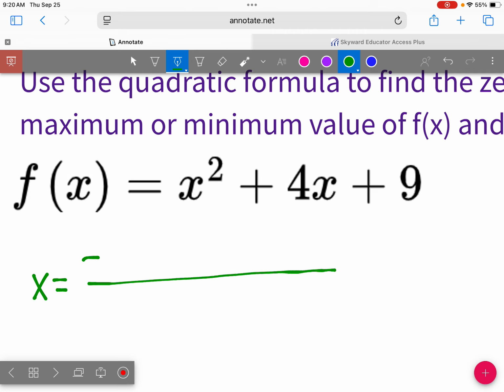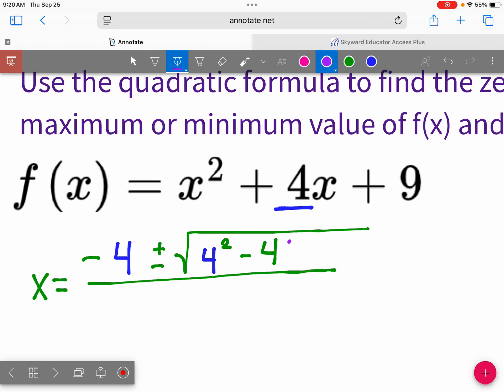So we're going to have the opposite of our b being 4, plus or minus the square root of our b squared minus 4 times our a of 1 times our c of 9 over 2 times 1.